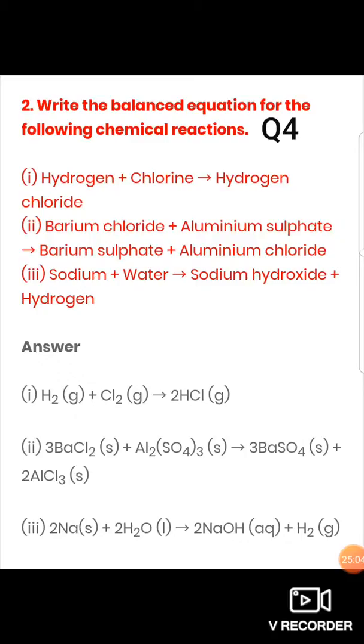Write the symbol of hydrogen chloride, HCl gas. After writing the symbols of the whole reaction, then you have to balance the chemical equation. Always remember, first write down all the symbols of the reaction, and after that you start balancing.